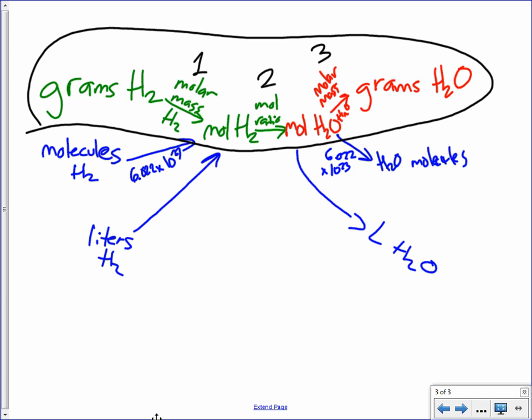Alright, I'm going to leave this up here and we're going to try a practice problem. So, let's stick with water here for simplicity's sake. So let's say we have 10.2 grams of hydrogen.